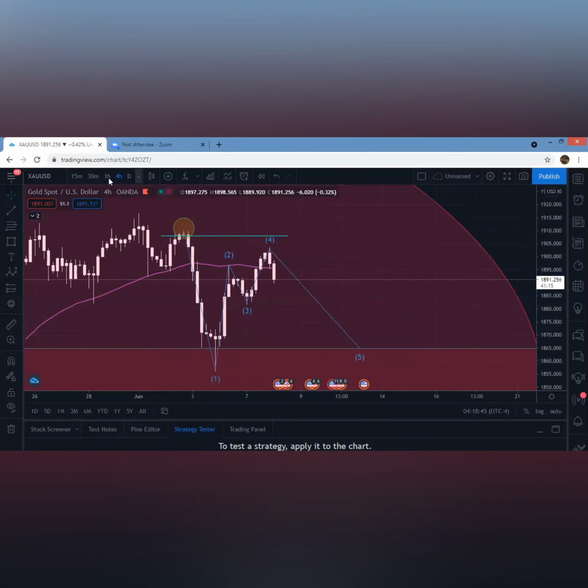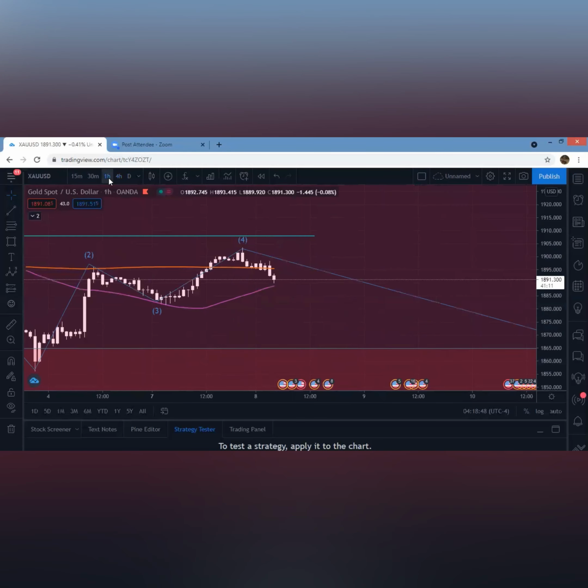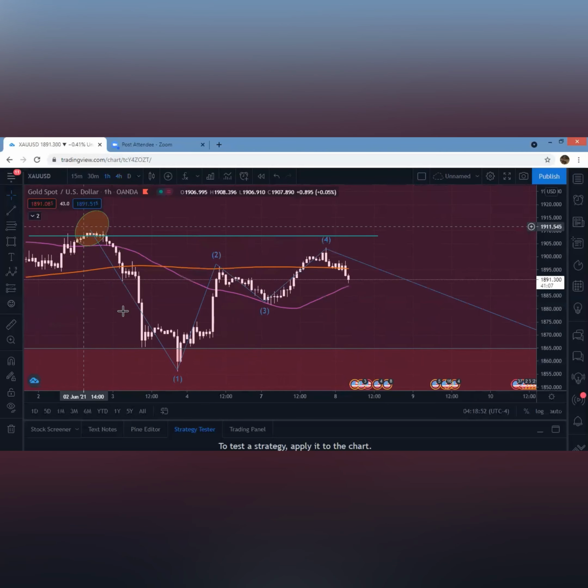So let's go down into the hour chart here. As you can see on the hour chart, you can see the markup even better here from my 0 point down to my 1, 2, 3, 4, and now you can see the market heading down in its downtrend.